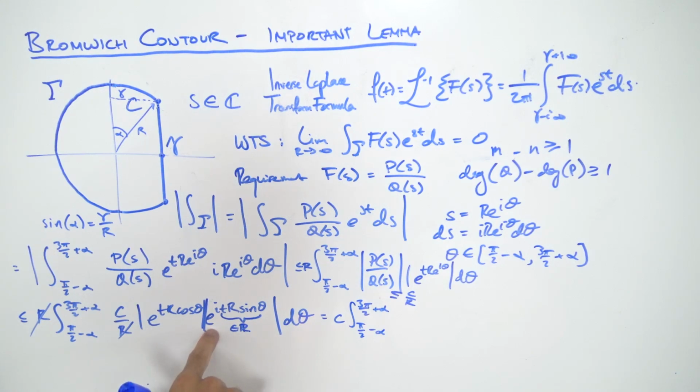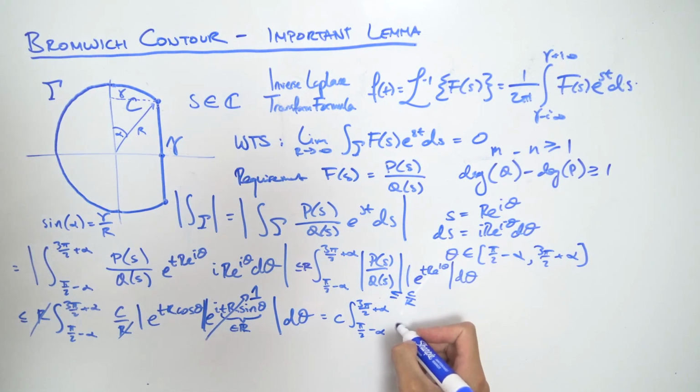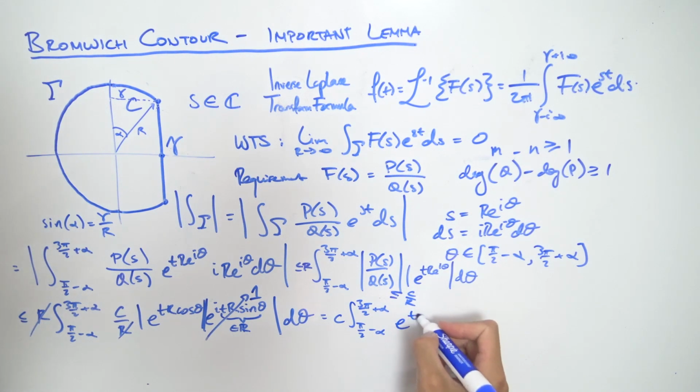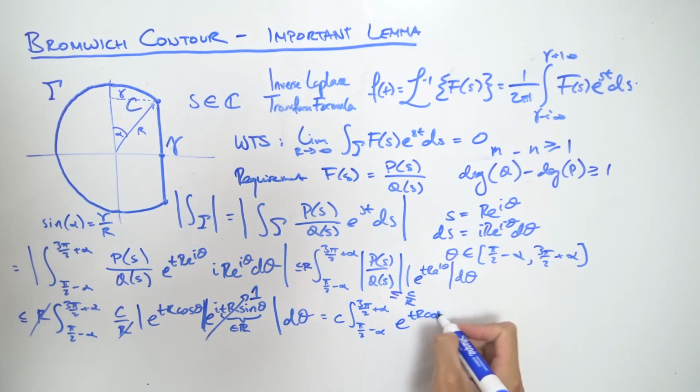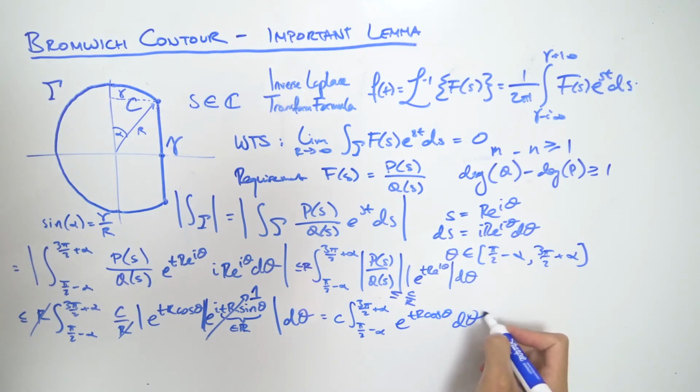And whenever you have the absolute value of e to the i times some real number, that's just 1. So this thing can disappear. And over here we have e to the t times r times cosine of theta. All this stuff up in the exponent is real. So no imaginary stuff going on. And the exponential function is always positive for the real numbers, so we can ignore the absolute values. So this is e to the t times r times the cosine of theta times d theta.